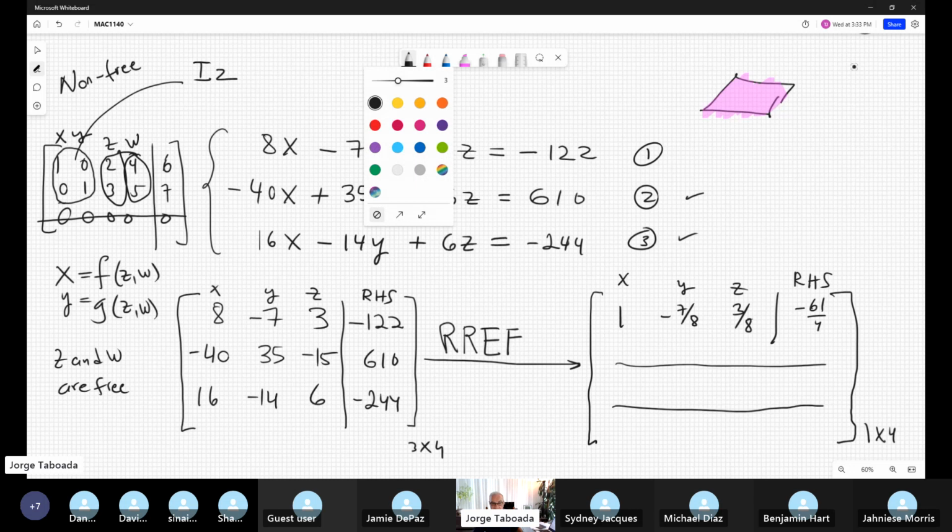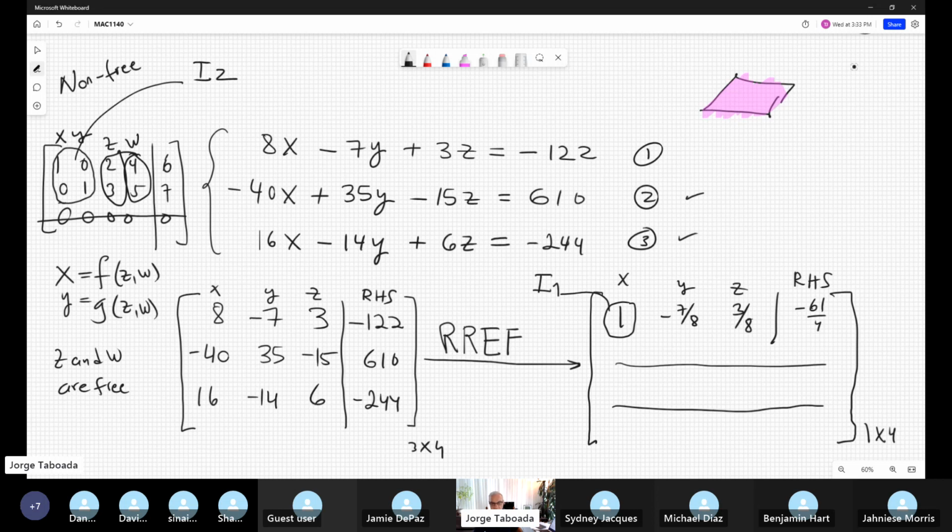No. Because we have only one here. Therefore, we can interpret it like an identity matrix of dimension 1. It's like a scalar. And the extra block of the free variables is this and this. The conclusion so far is y and z are free.